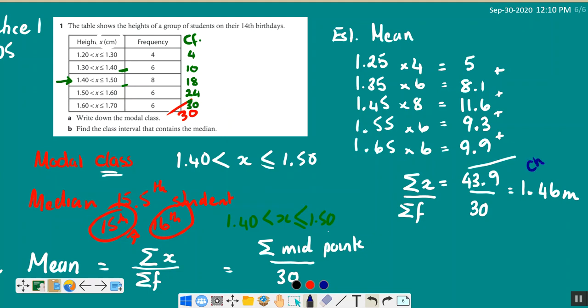What is the check that we should do? How do I know if I'm wrong, definitely? I'm asking for definite wrong, not could be wrong. Check if it doesn't fit in any class interval. Yeah, if it's smaller than 1.2 or larger than 1.7, I'm wrong. I've done something wrong. Just remember, what does a mean tell me? What should it do?